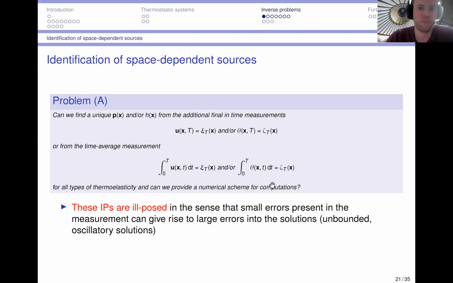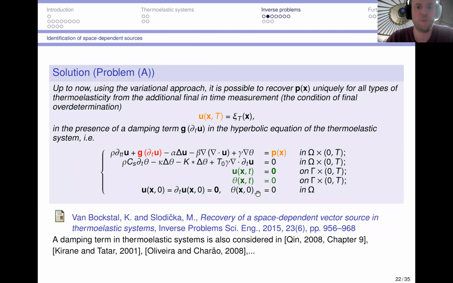And we would like also to obtain numerical schemes for computation. These are examples of ill-posed problems, because small errors present in the measurement can give rise to large errors in the solution.